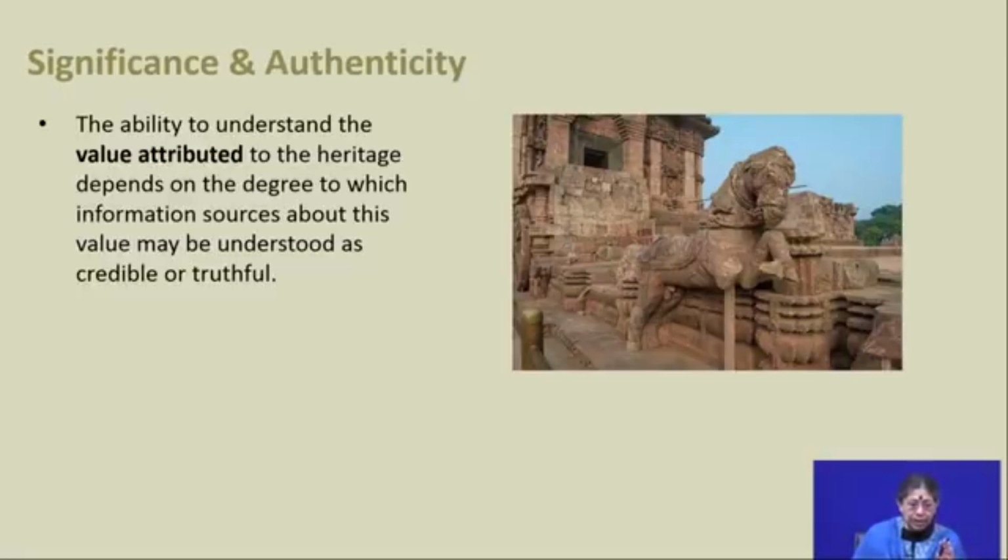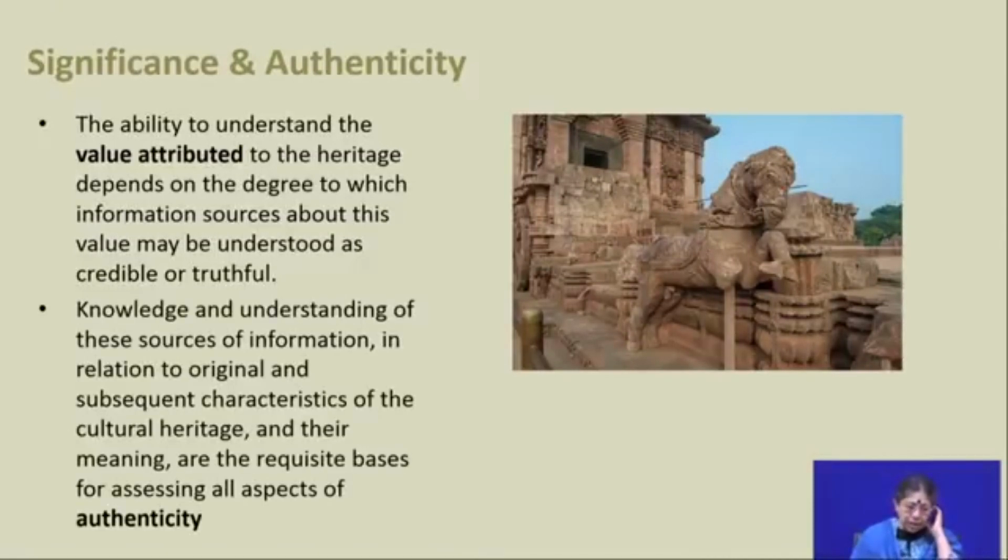So, let us see what it says. The ability to understand the value attributed to the heritage depends on the degree to which information sources about this value may be understood as credible and truthful. So, the horse has been taken up there, so the value attributed can be understood properly. The information is there, and that much only has been kept like that.